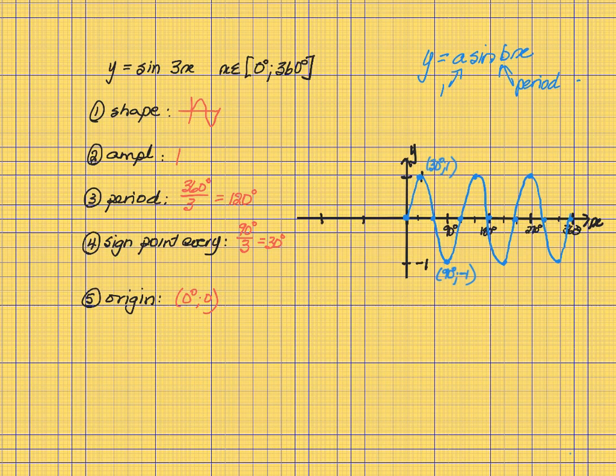And then I'm back to the same point on the wave. I better fill that one in too. So it's 120 degrees and 1. And now I've completed the turning points for a full wave. Label your function. y is equal to the sine of 3x. Your axes are labeled, and so you're done.